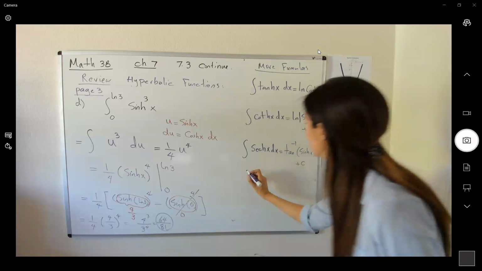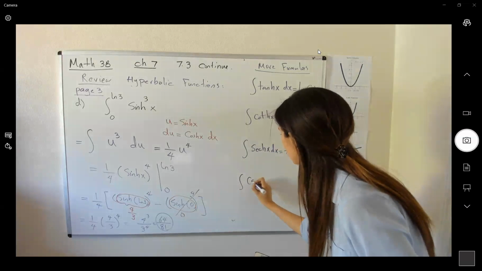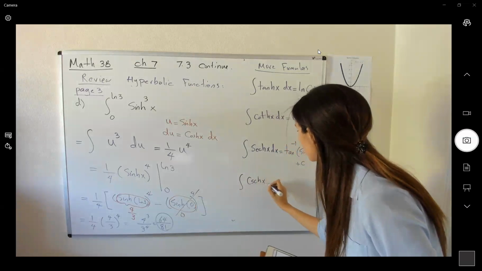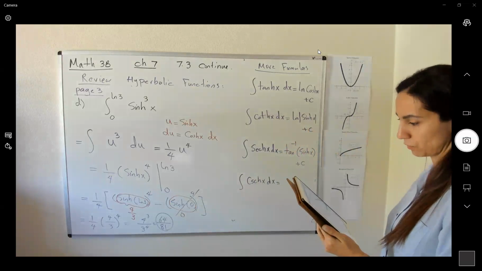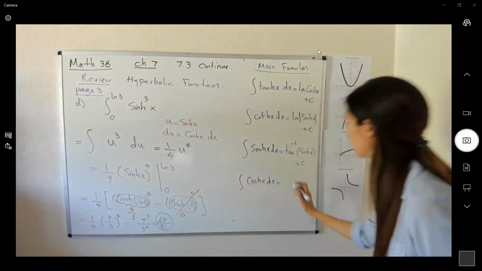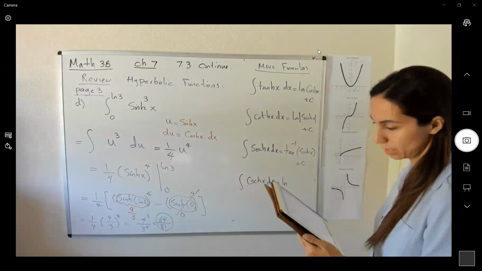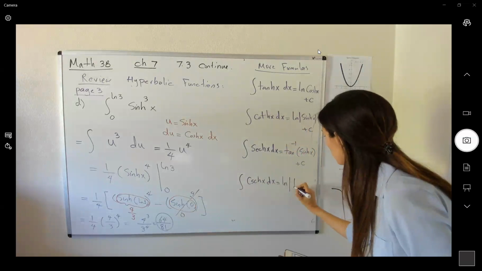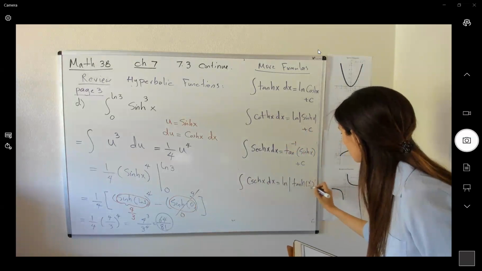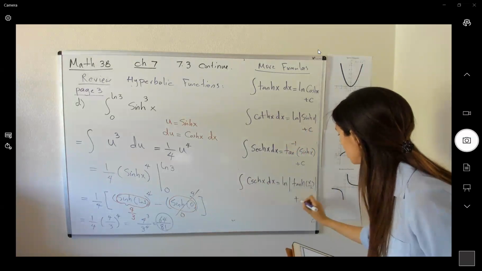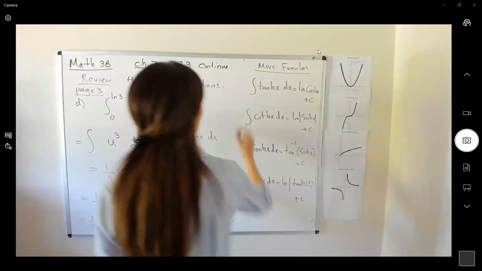And finally, for hyperbolic cosecant x dx, we don't need an inverse here, it's just ln of the absolute value of hyperbolic tangent of x over 2, plus the constant of integration.